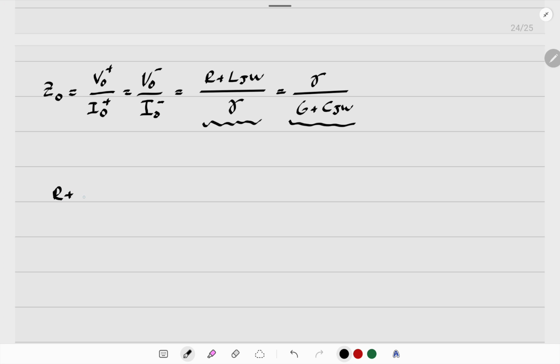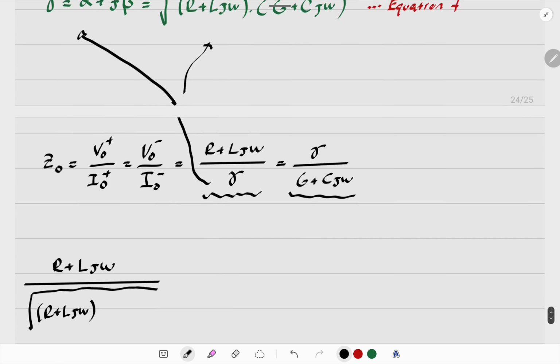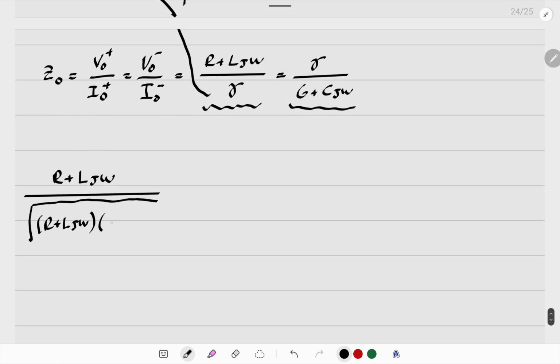For r plus lj omega, it is the square root of r plus lj omega. Remember that this is equivalent of this one, you see, for equation 7. And g plus cj omega. All right, great.